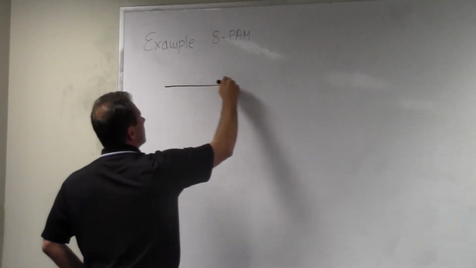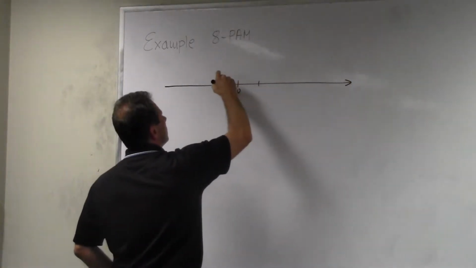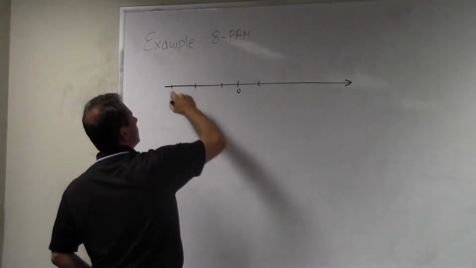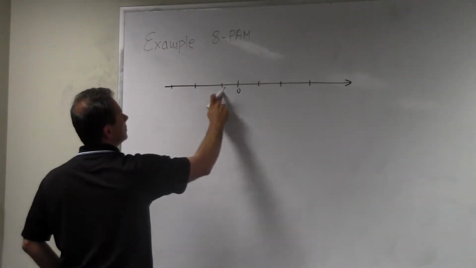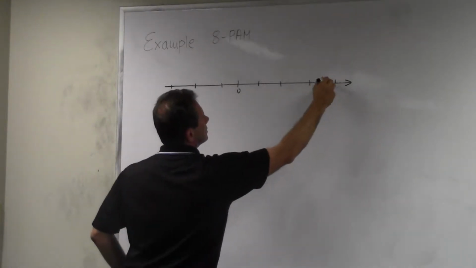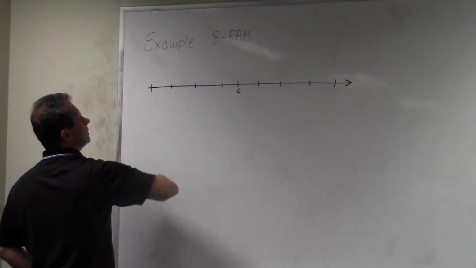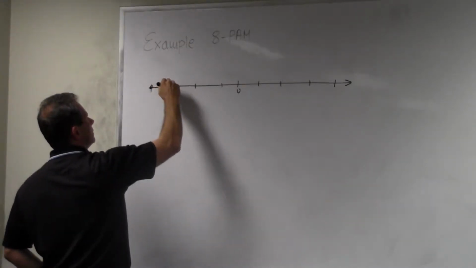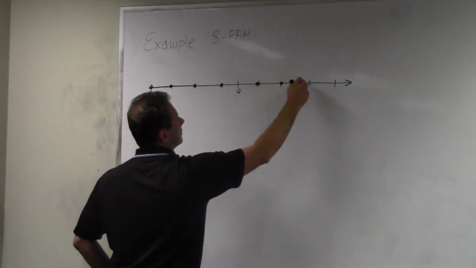So you're going to have a situation like this. This is your 0. So you're going to have 1, 2, 3, 4, 5, 6, 7, 8. So those are your 8 symbols that you're going to have.